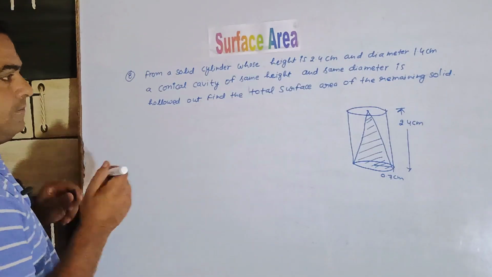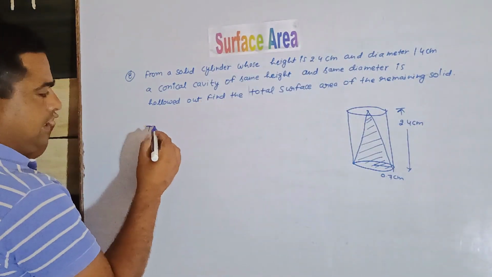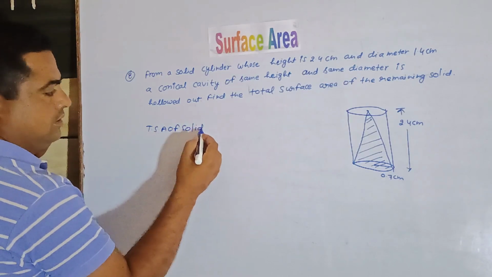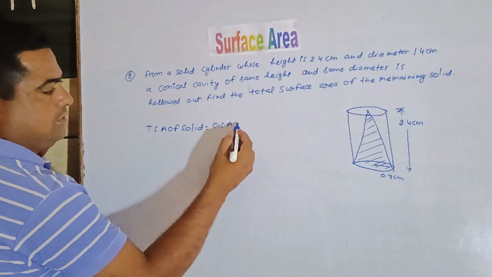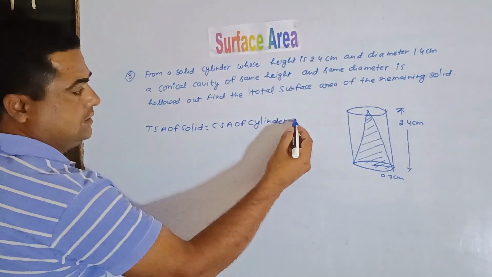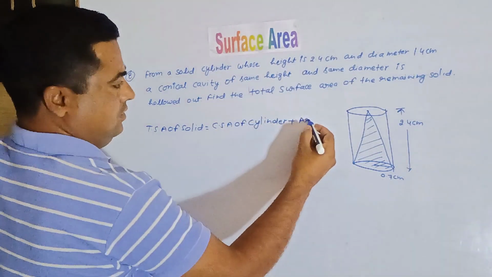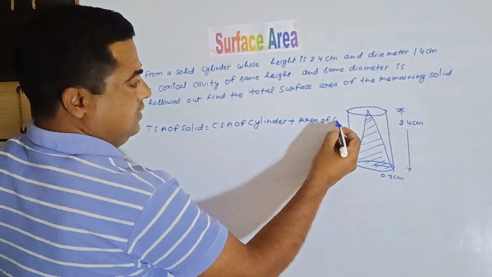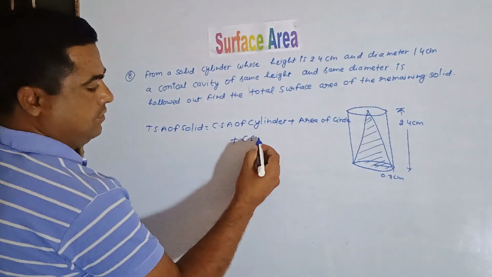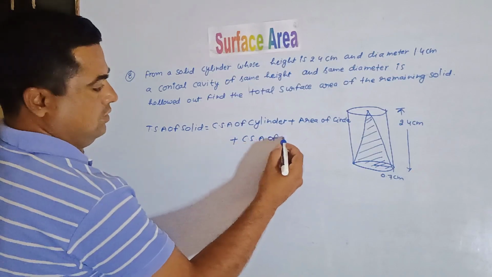Now what will we do here? Total surface area of the solid will be the CSA, curved surface area of the cylinder, plus the area of the circle plus the curved surface area of the cone.